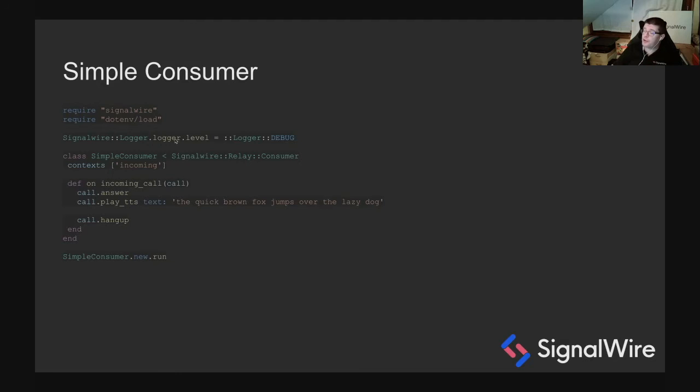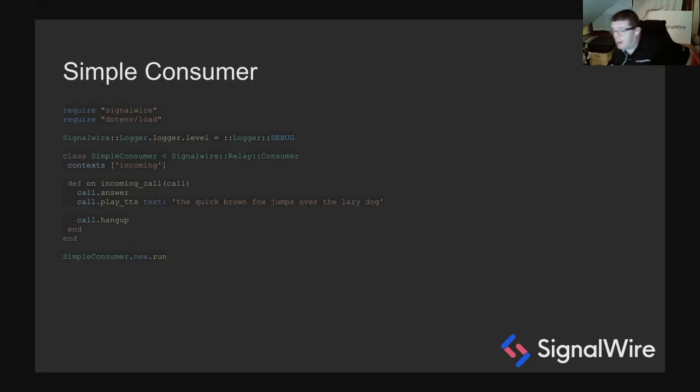One line up, we're setting the logger level to debug. I generally use this for most running code. Relay can be very verbose because there's a lot of JSON. We'll see that in the console in just a second. As a result, I suggest you only run at debug level when you're actually debugging. Otherwise, you generate a lot of logs.